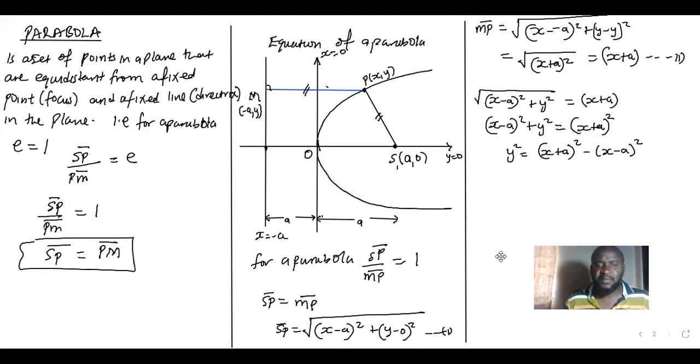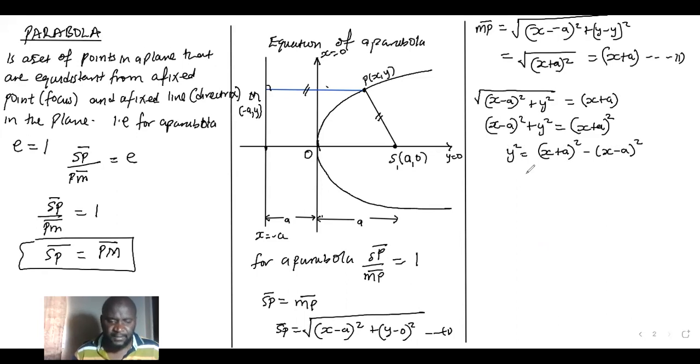If you're not good at difference of two squares, expand. When you expand, you realize x squared plus 2ax plus a squared minus x squared minus 2ax plus a squared, close brackets. You can carry out subtraction, and lose a squared and lose x squared. When you simplify, this becomes y squared is equal to 4ax.